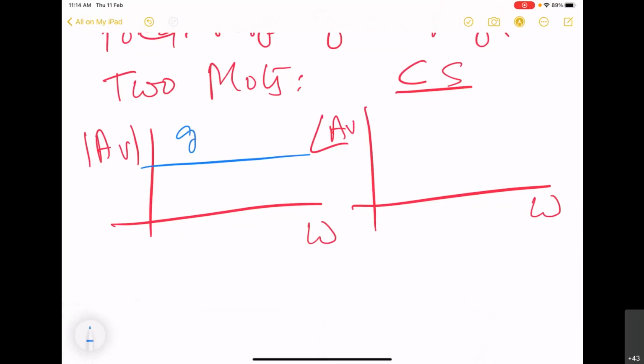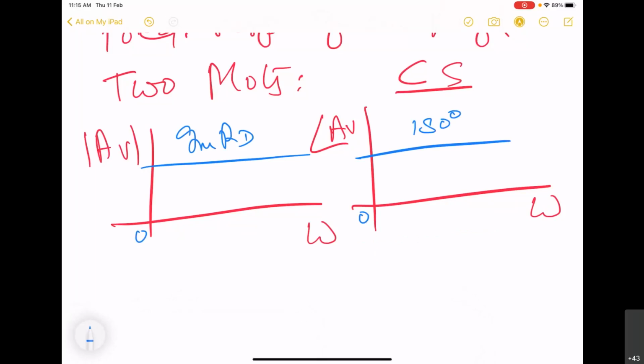Here we will have GMRD, and here we are going to have, say, 180 degree, right?